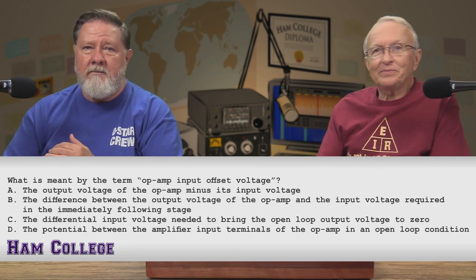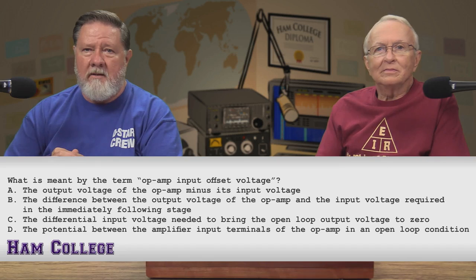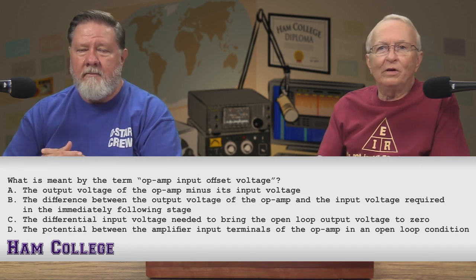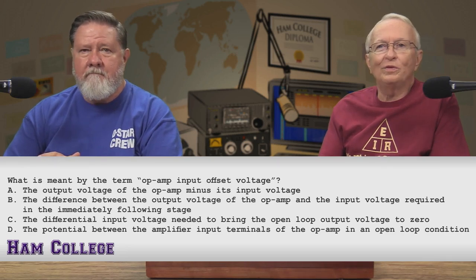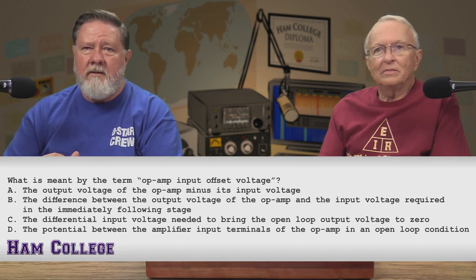B, the difference between the output voltage of the op amp and the input voltage required in the immediately following stage. C, the differential input voltage needed to bring the open loop output voltage to zero. Or D, the potential between the amplifier input terminals of the op amp in an open loop condition.